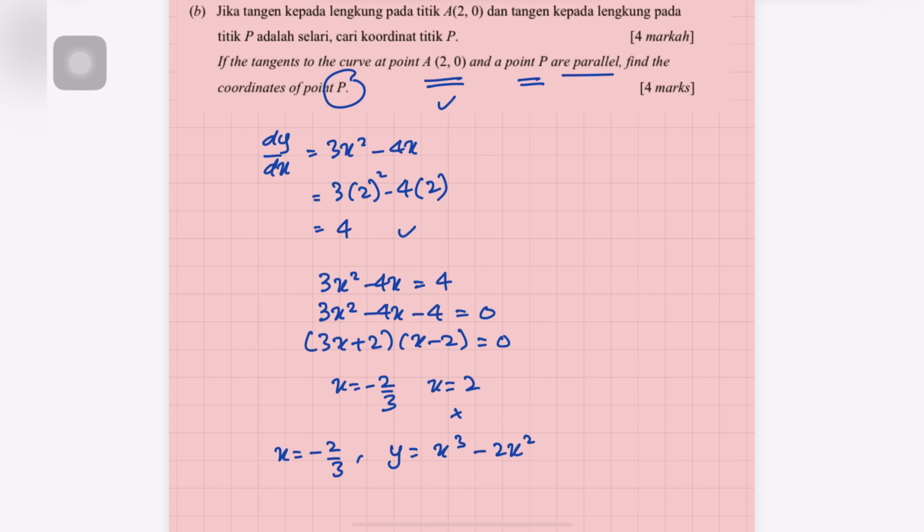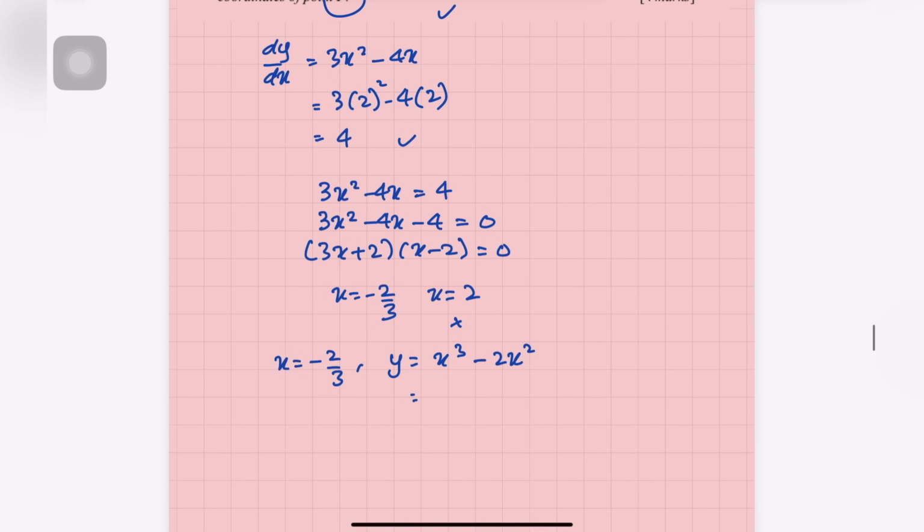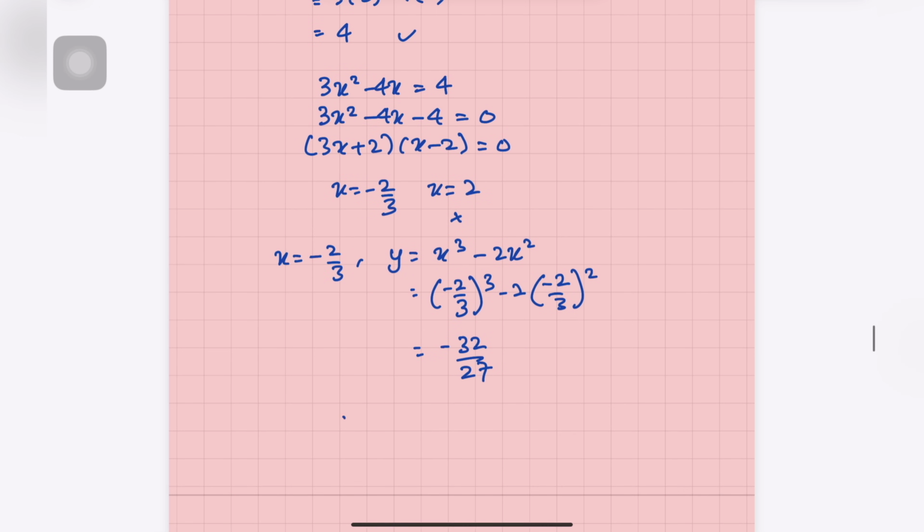So we substitute: negative 2/3 cubed minus 2 times negative 2/3 squared. Okay, so the answer will be negative 32/27. So therefore point P is (negative 2/3, negative 32/27).